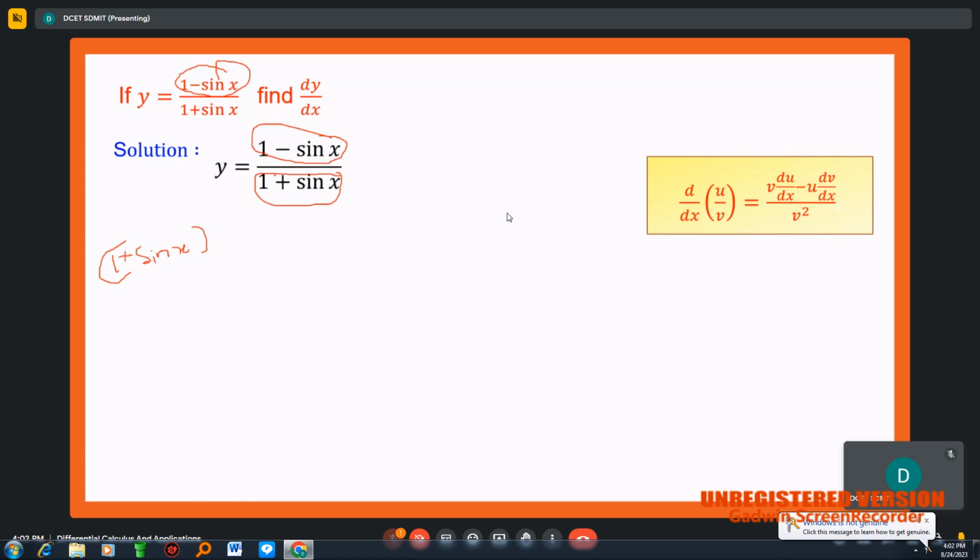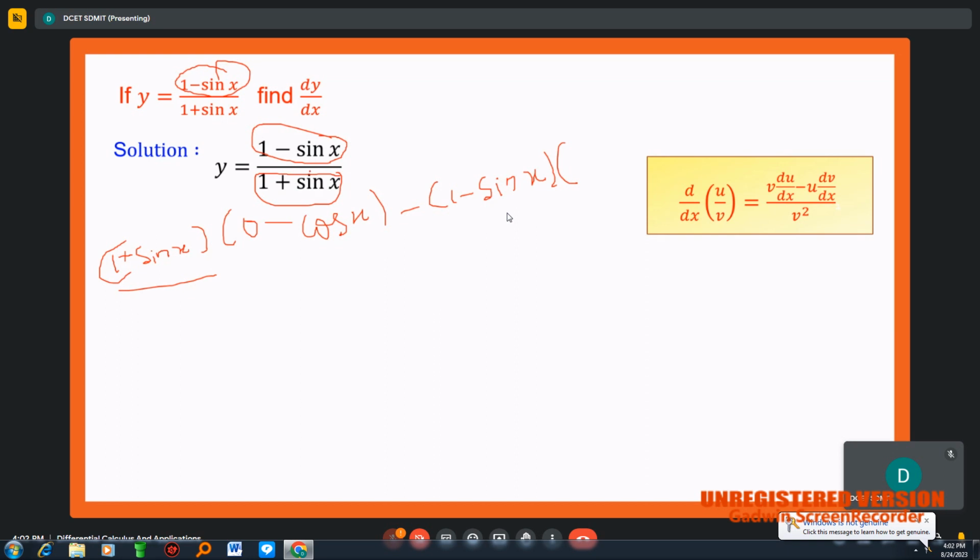Differentiation of 1 minus sin x. Differentiation of 1 is 0, minus differentiation of sin x, which is cos x. Minus, now the numerator term 1 minus sin x is kept constant, times the differentiation of the denominator term.